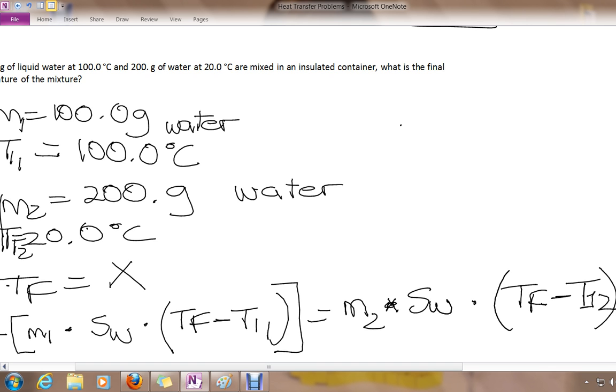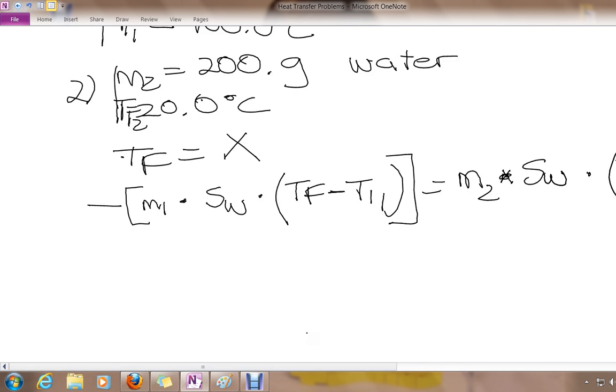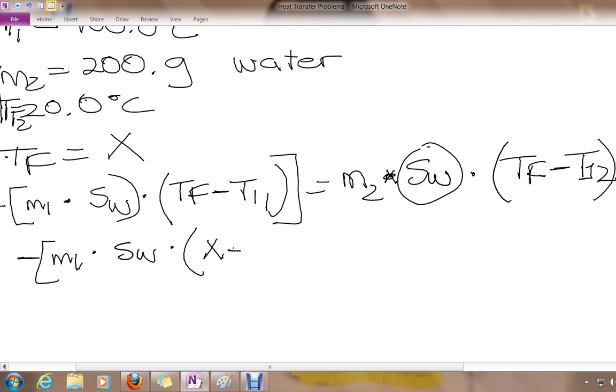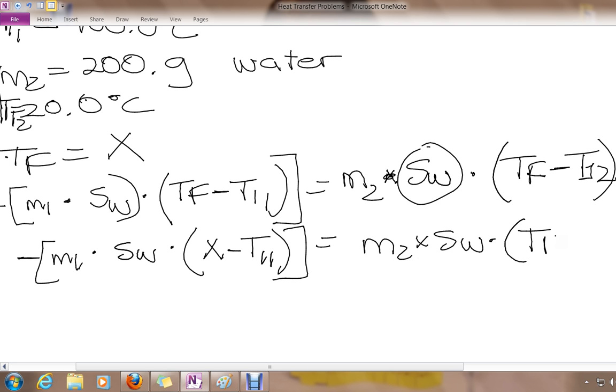Before we plug in the numbers, you have two equations in which the specific heat is multiplying the whole binomial. So M1 by the specific heat of water multiplied by X minus T1i equals M2 by the specific heat of water by TF minus T2i. Okay, now let's plug in the values.